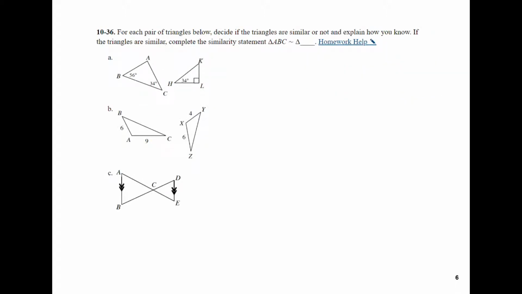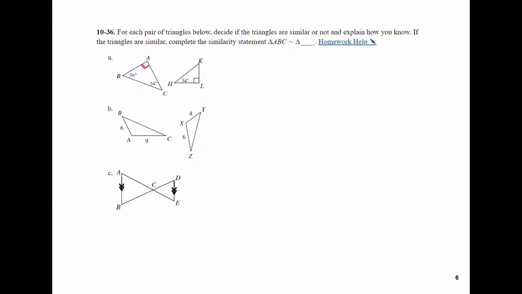10-36, for each pair of triangles below, decide if the triangles are similar or not and explain how you know. If the triangles are similar, complete the similarity statement. Triangle ABC is similar to triangle blank. So looking at these two triangles, if I take 34 and 56, subtract that from 180, I know I have a 90-degree angle.